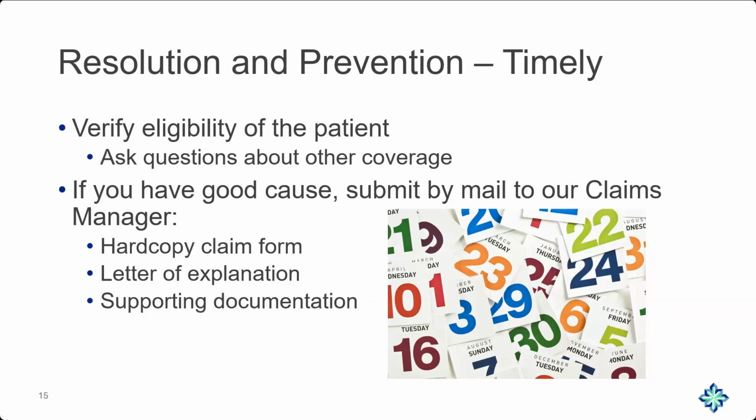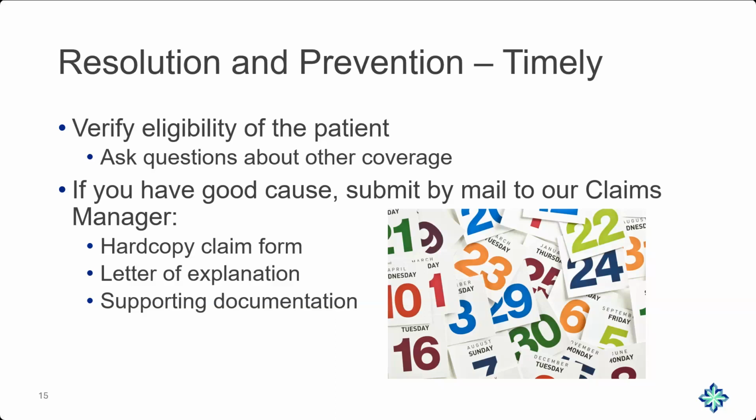Depending on the circumstance, this could be things like reports or statements from CMS or WPS, official award letters from the Social Security Administration, for example, showing that retroactive entitlement, verification of recouped payments from that other insurance, or disenrollment notifications.